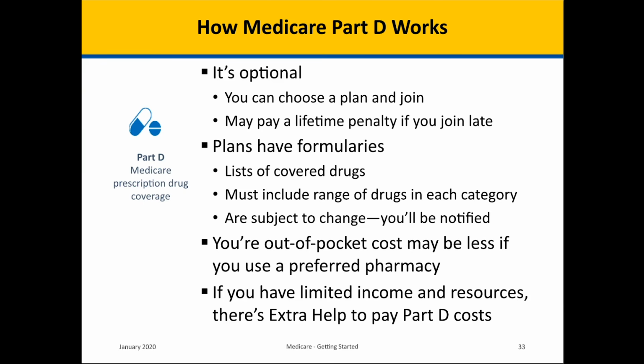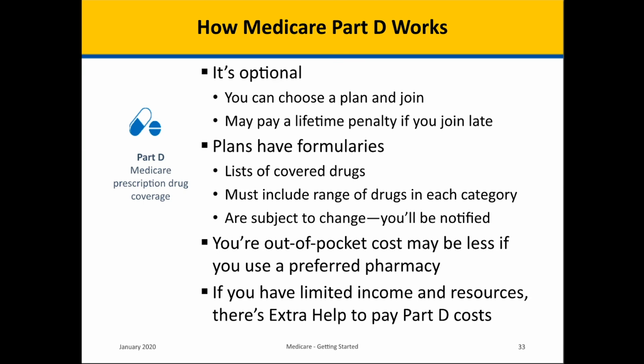Each plan has a formulary, or list of covered drugs. The formulary for each plan must include a range of drugs in the most commonly prescribed categories. All Medicare drug plans generally must cover at least 2 drugs in each category, but plans can choose which specific drugs are covered in each category.